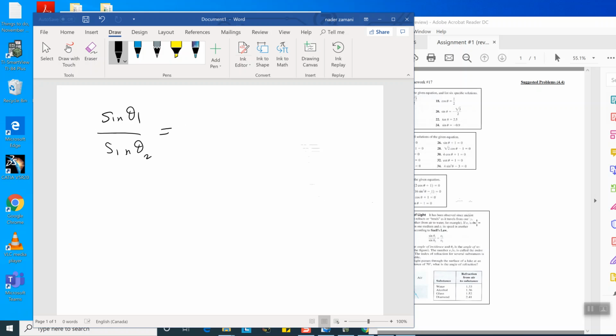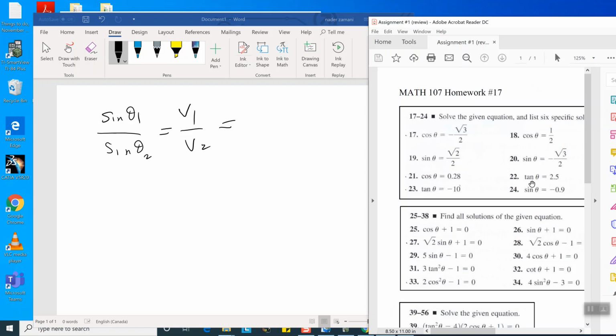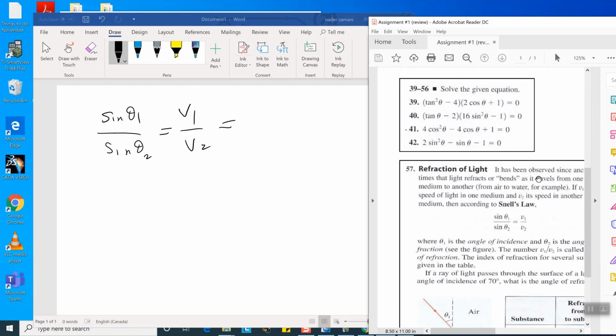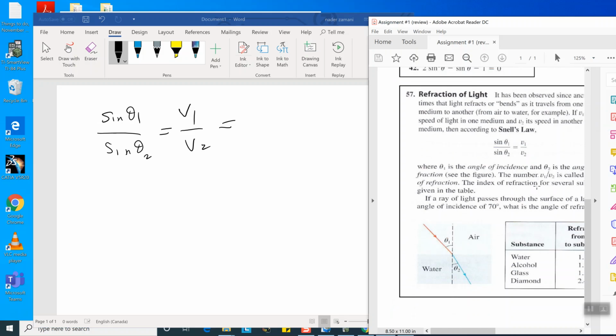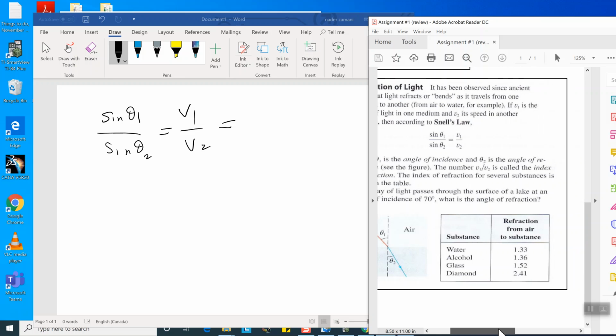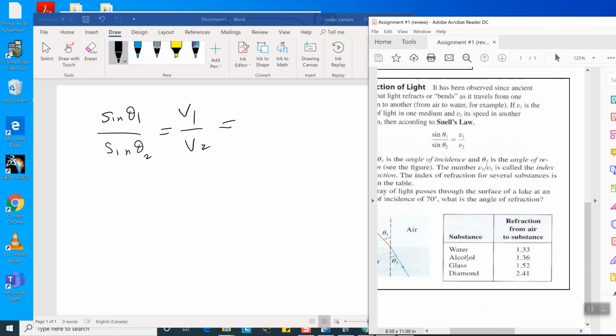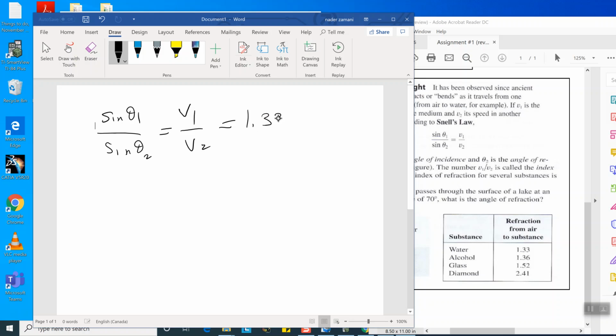Well, this is equal to v1 over v2. You are told that for water being the medium down here, that refraction index is 1.33, and we know that this is 70 degrees.